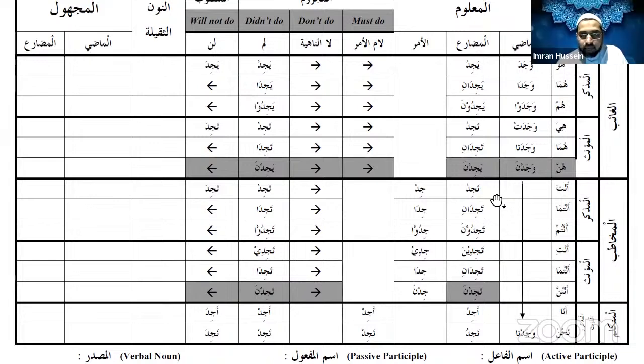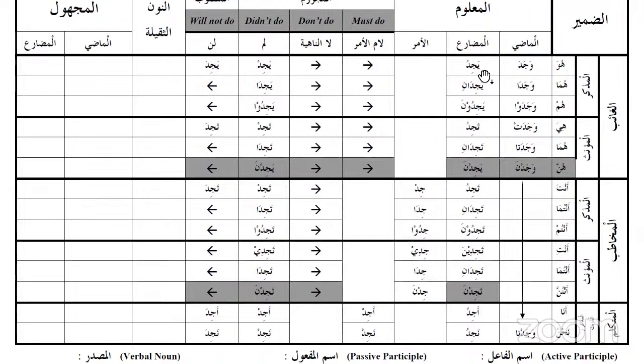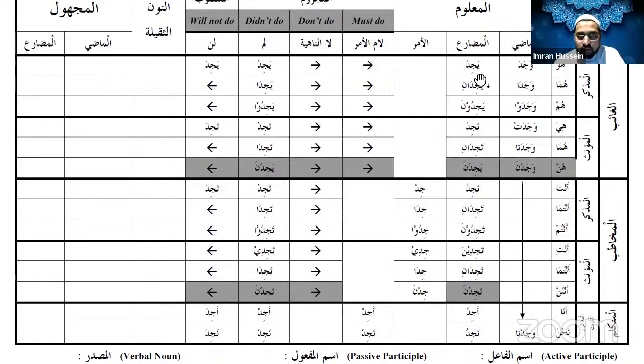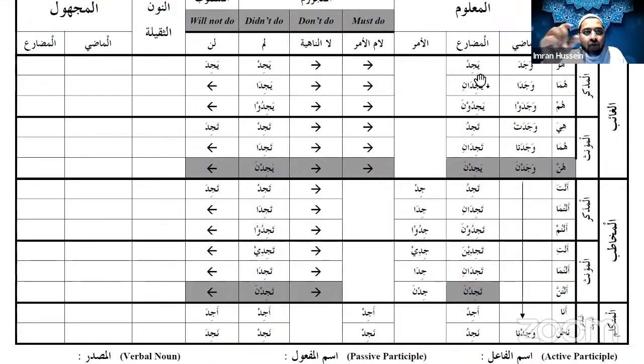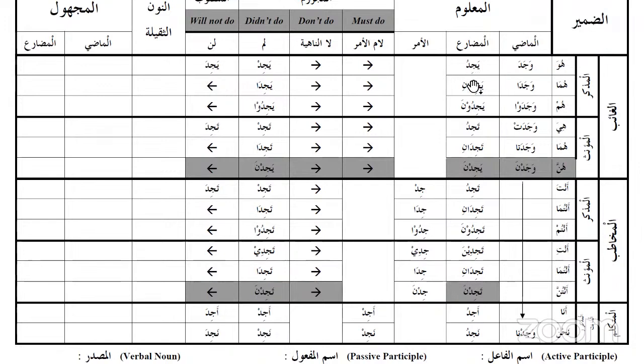Excellent. And then the present tense. So now it's yajidu. Now, remember this point. Originally, this is on the pattern of daraba yadribu. Originally, after the ya there was a waw: yawjidu.